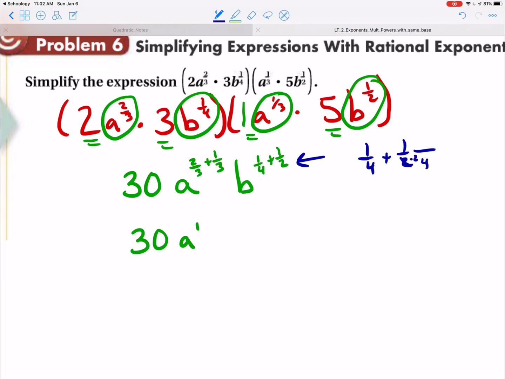So I multiplied by 2 here, got to multiply by 2 there, so I get 2. That gives me 3/4. So it's really 1/4 plus 2/4, giving me 3/4. So I get b to the 3/4.